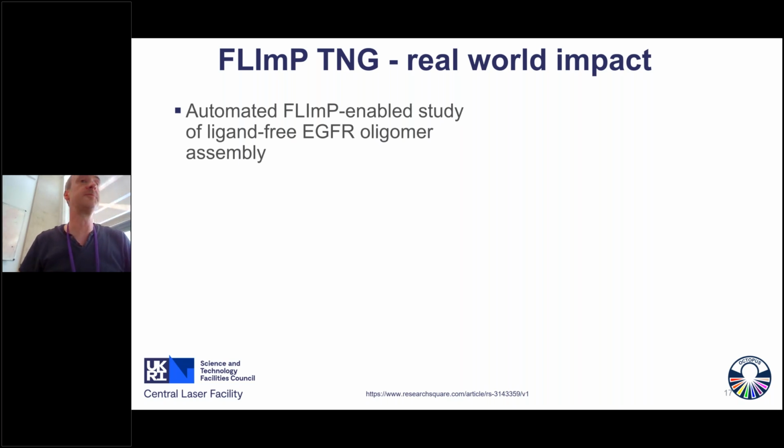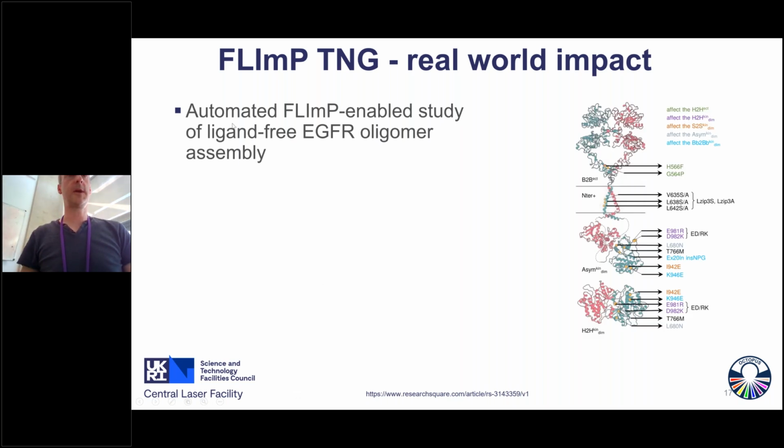So going back to what motivated all of our single molecule developments, and particularly FLImP, what we have done, and are doing through the pandemic as well, was a FLImP-enabled study, and also a study enabled by the automated FLImP of ligand-free EGFR oligomer assembly, with a particular focus on certain lung cancer mutations.